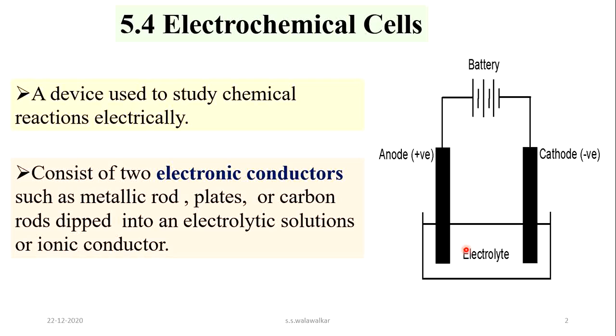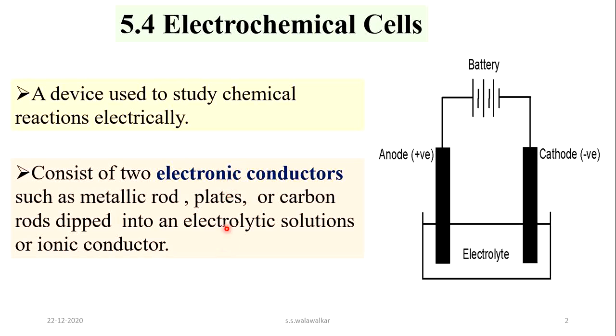What is meant by electronic conductor and ionic conductor, we have studied in the previous lecture. Electronic conductors are those conductors through which direct flow of electrons takes place. And electrolytic conductor or ionic conductor means those conductors through which the movement of charge takes place.